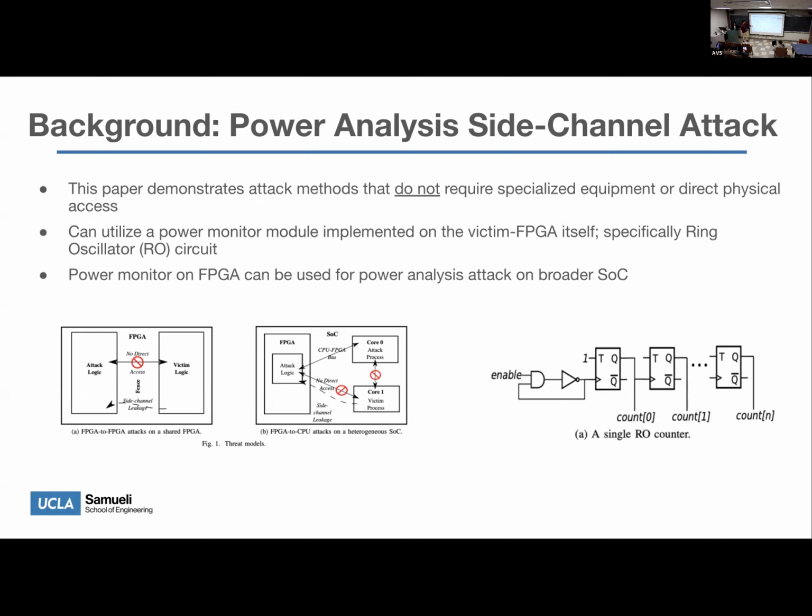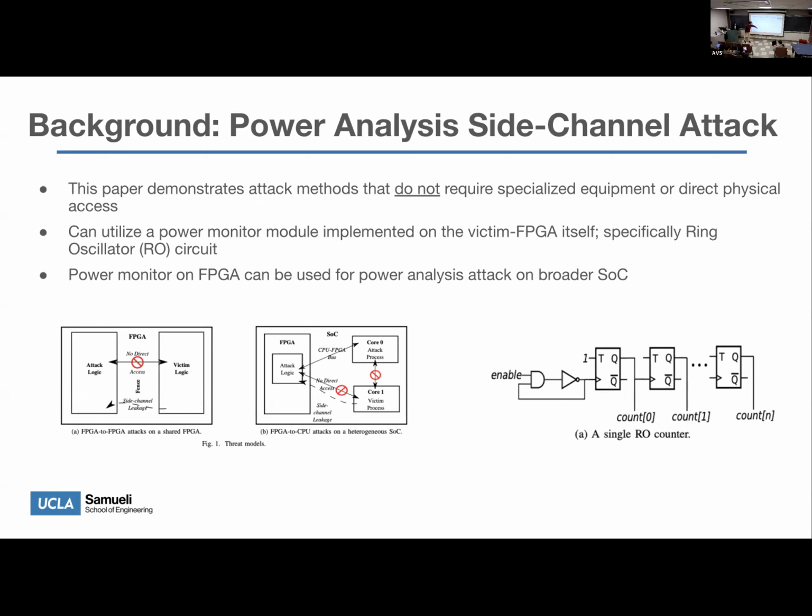I just wanted to highlight this figure from the bottom left, which is taken from the paper as well. Essentially, it's showcasing the structure of the authors' attack. So you see in this farthest left image, the FPGA to FPGA attack, where you have the power monitor that's monitoring power from, for example, an RSA module that's on the FPGA.